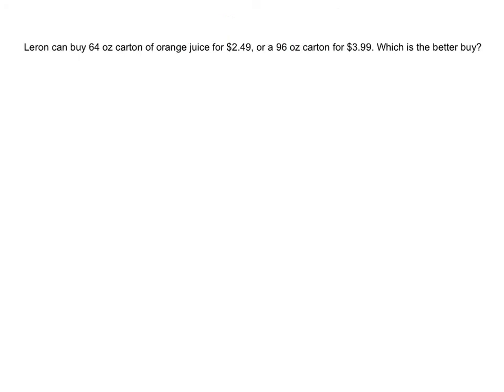Let's try just one more and then we'll be done. It says Laron can buy a 64-ounce carton of orange juice for $2.49 or a 96-ounce carton for $3.99. Which is the better buy? Always start by writing your comparison with words. So what are we comparing?